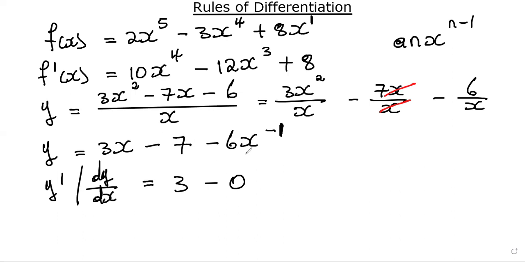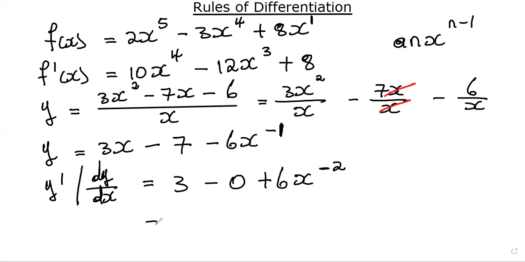And then you come to the last part, you apply the power rule. So you take the exponent and multiply it by the coefficient of x. So -1 times -6, you get +6. And then you subtract 1 from the exponent, so you get -2. And this is the derivative of your function.